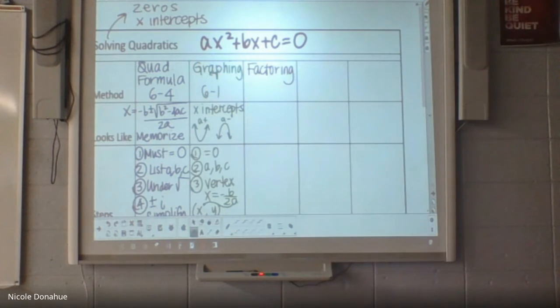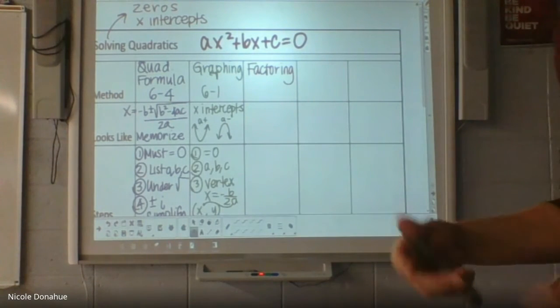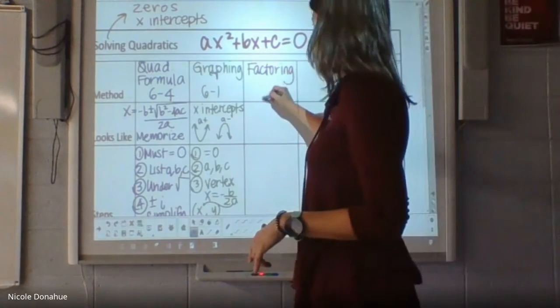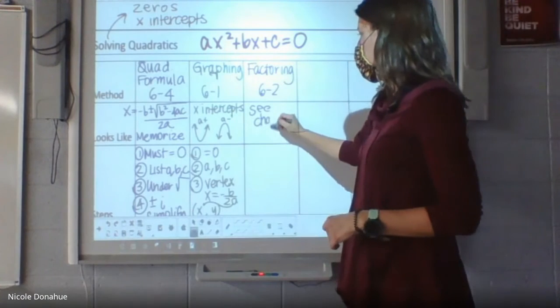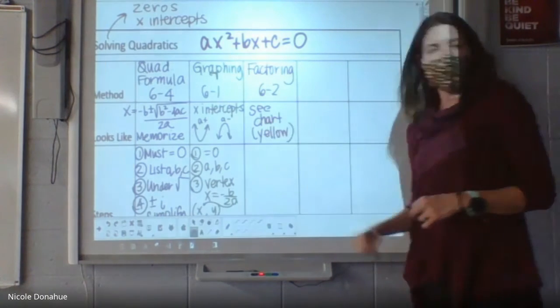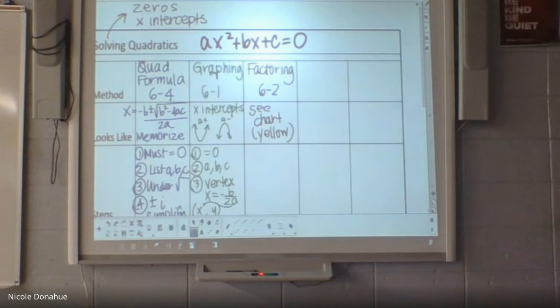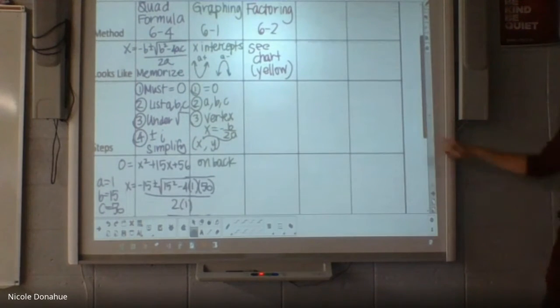It'd be like double magnified small. So see your chart to make sure you see that chart. This is from section 6.2. If you were in person, your chart would be yellow. If you were not in person, your chart's whatever color you printed it on. I think it's gold, actually.